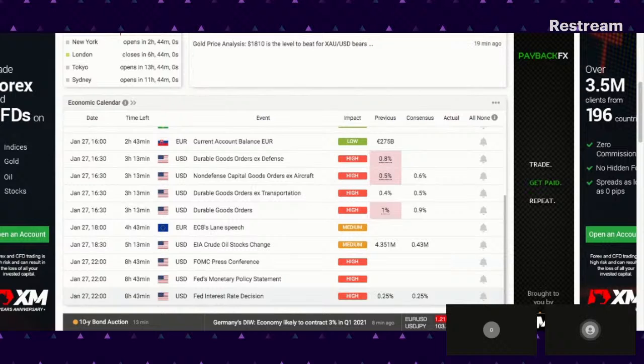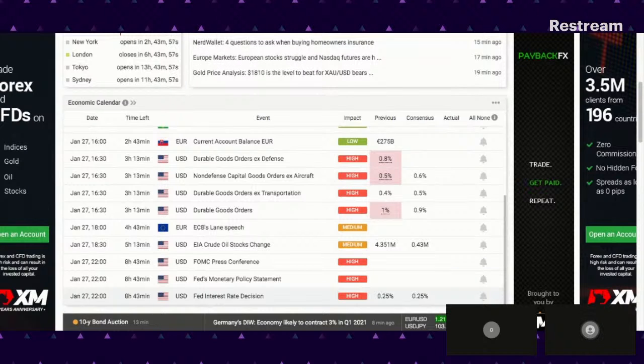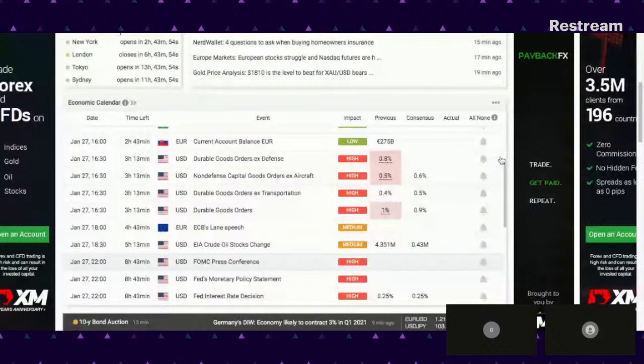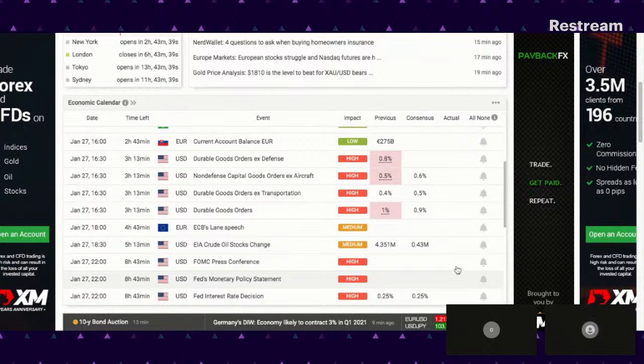Plus there's going to be an interest rate decision. Currently, it is at 0.25%. Consensus means the people who do research, the economists, are expecting that the interest rate will remain at 0.25%.